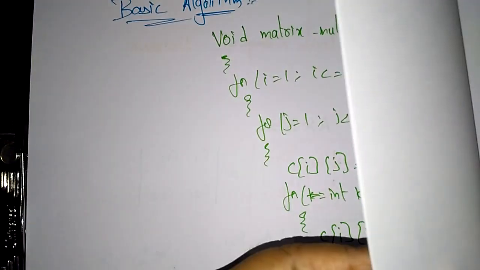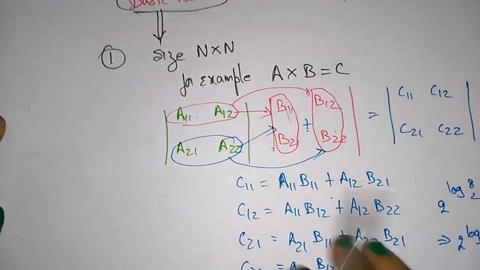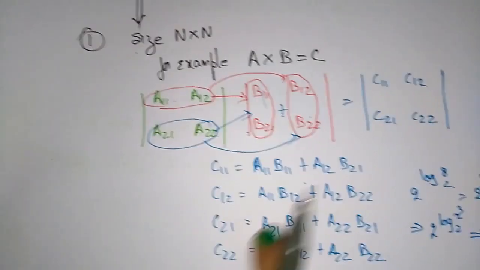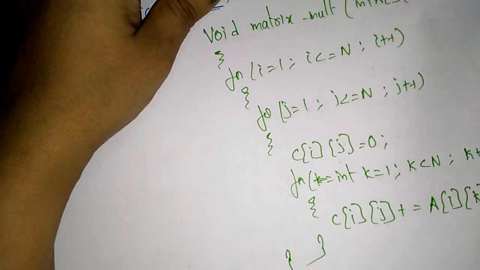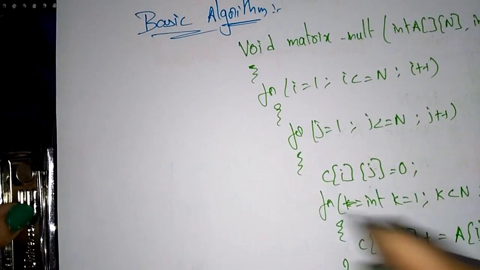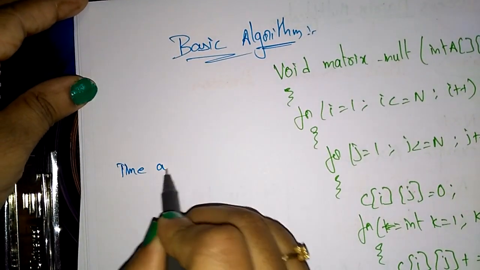In the previous example, if you take the 2 by 2 matrix, the time complexity is 2 cube, that is 8. So for n, it should be n cube, if you take the matrix size as n.